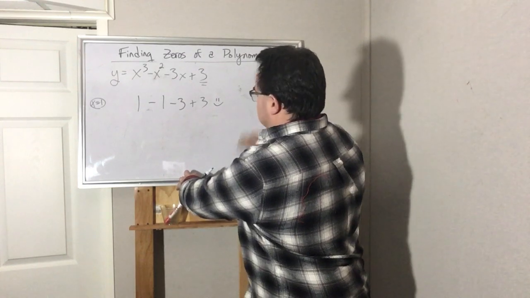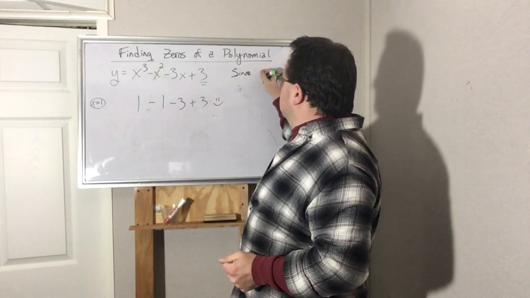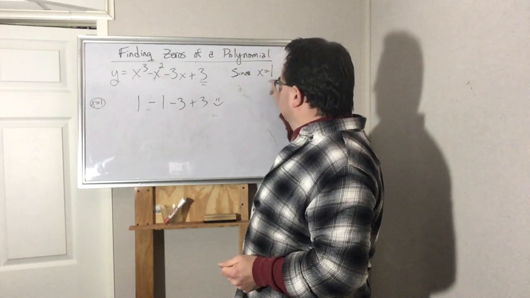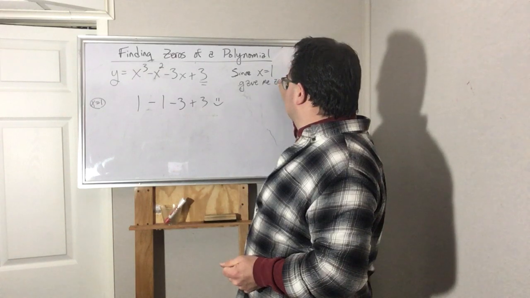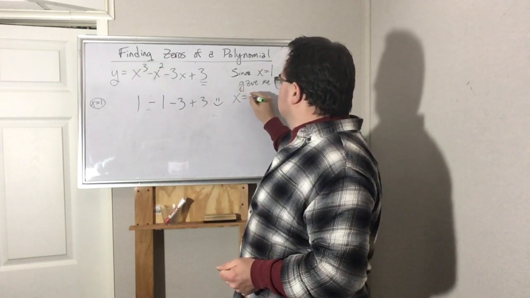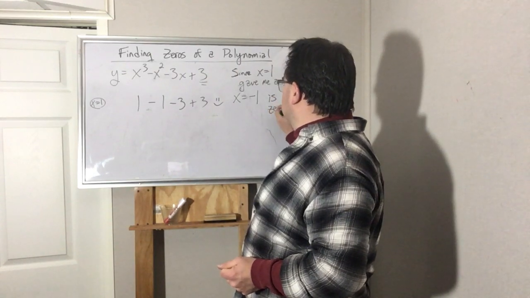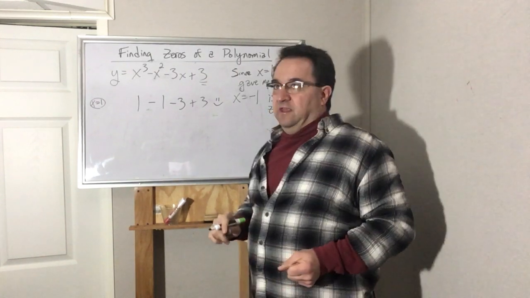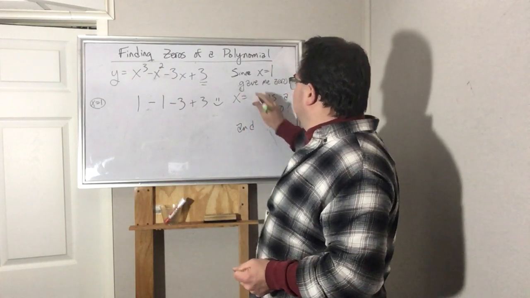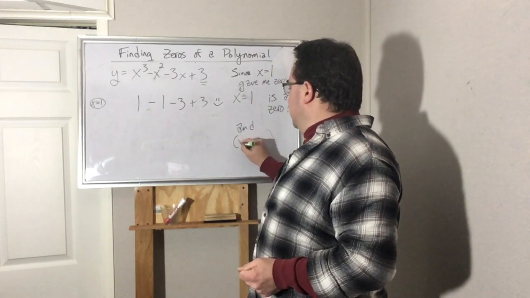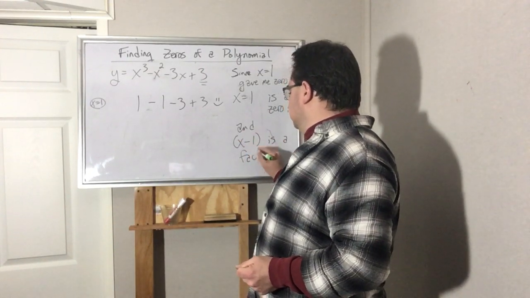Here is the logic. Since x equals 1 gave me 0, x equals 1 is a 0, and x minus 1 is a factor.